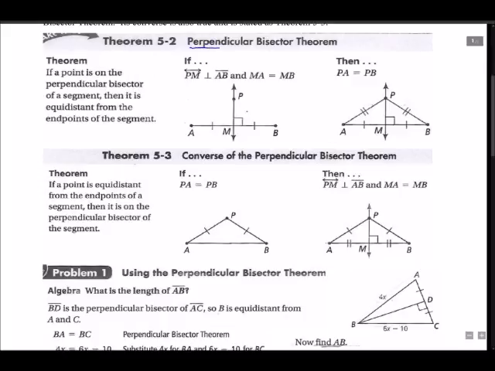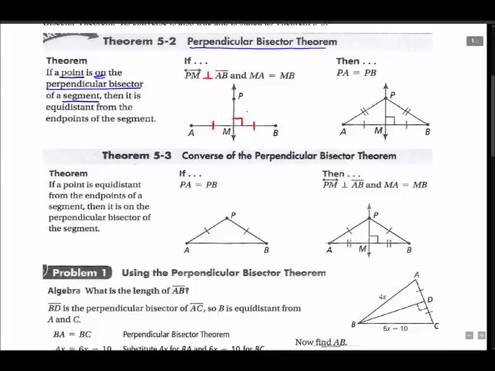The perpendicular bisector theorem says that any point on the perpendicular bisector of a segment, okay, so let's look over here. We have a line that is both perpendicular and bisects this segment. That's important that it's a segment.